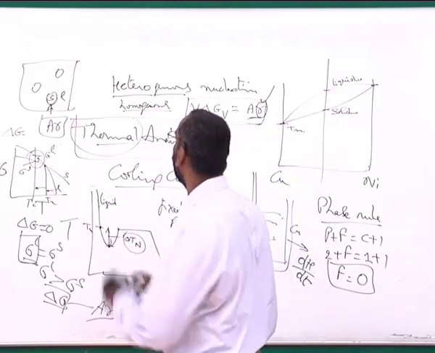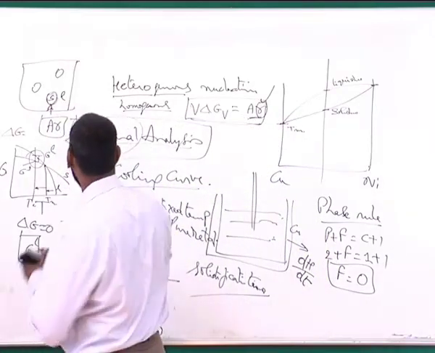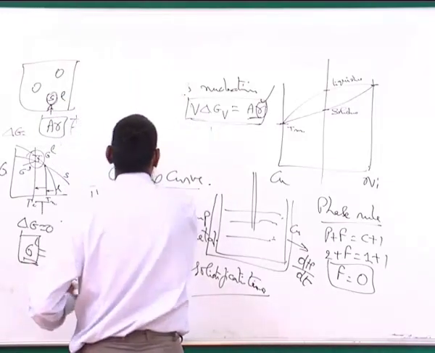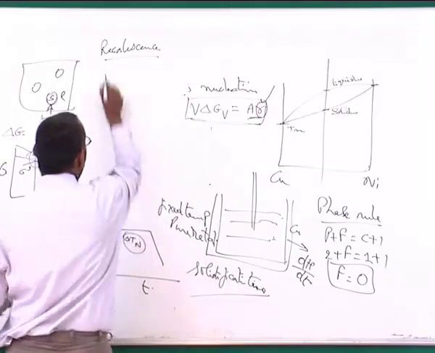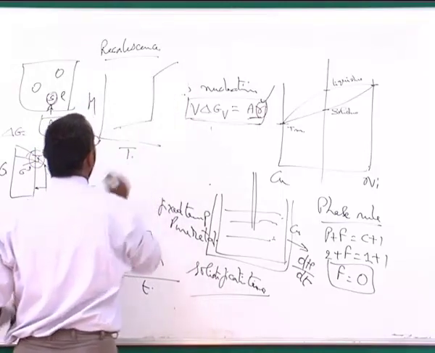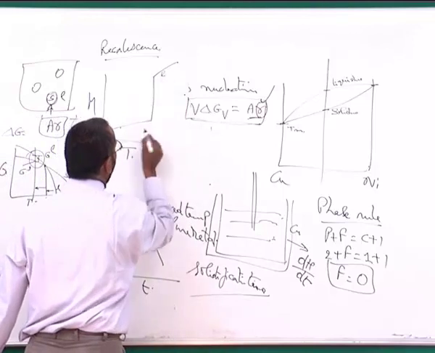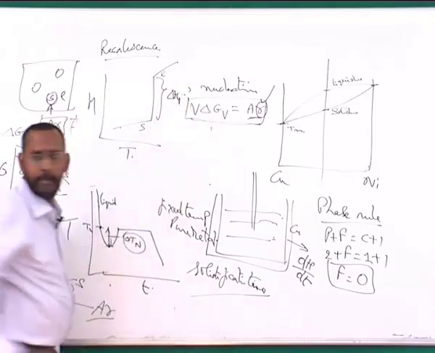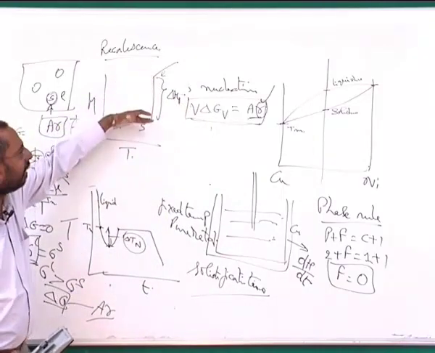And once the solid is nucleated, this particular solid that nucleates will lead to what is called a recalescence. What is this recalescence? If I see my previous plot, which is enthalpy versus temperature, you can see the moment a liquid transforms to a solid, a certain enthalpy is released, because the liquid has an excess enthalpy compared to the solid.